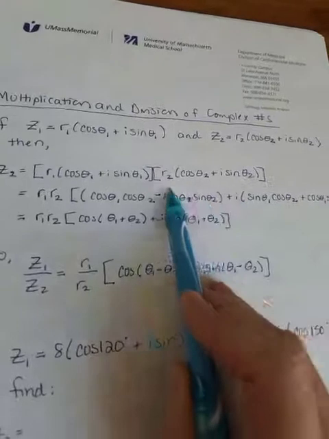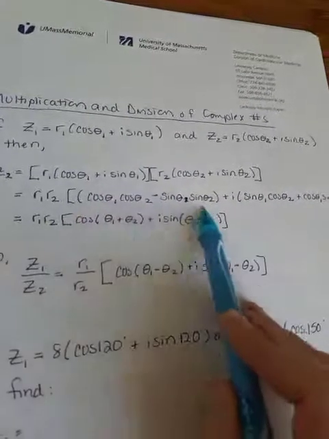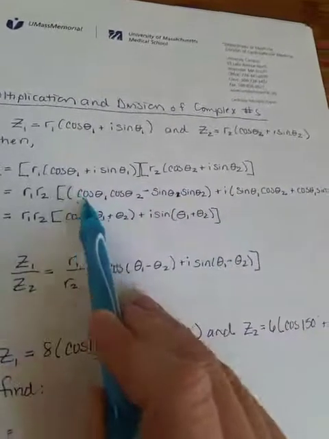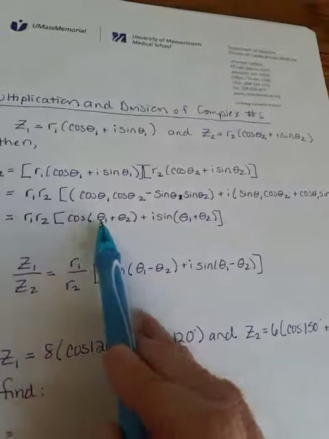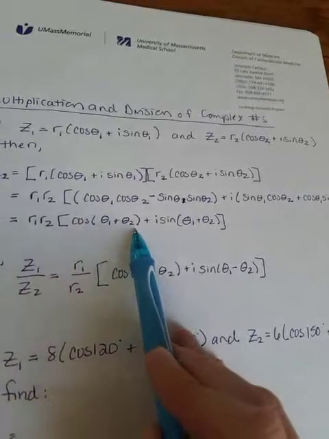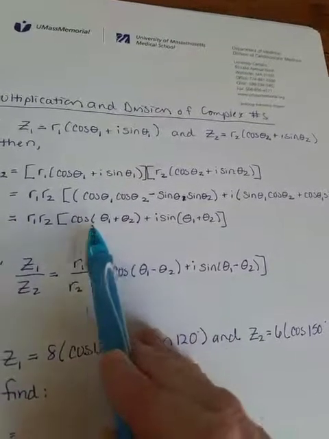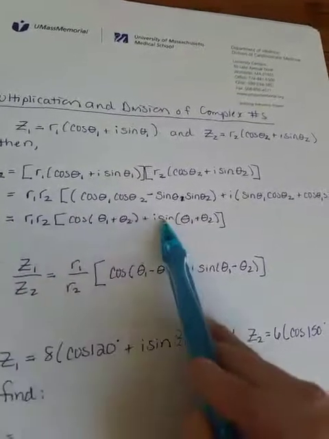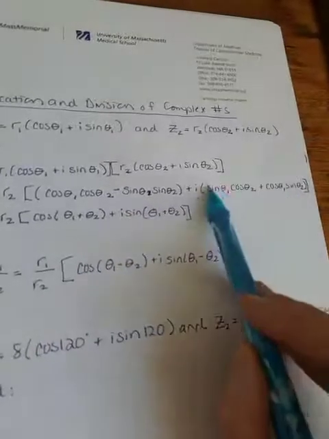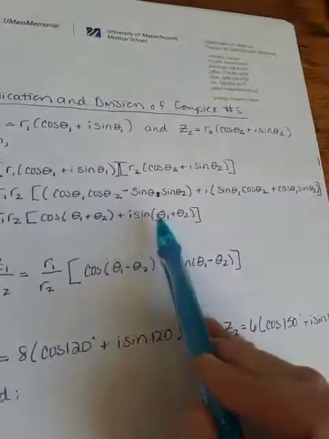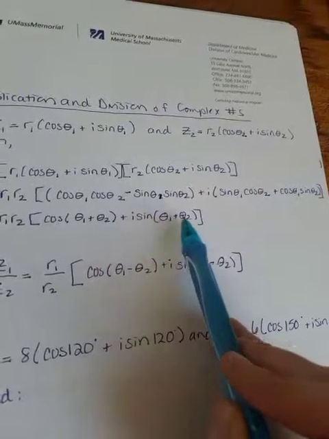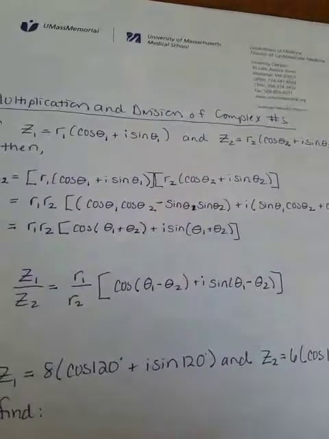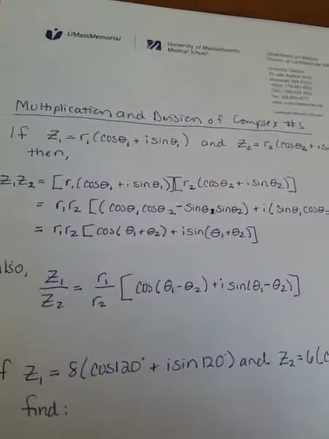So if you looked at this right here, that's really the definition of cosine of theta sub 1 plus theta sub 2, the sum of two angles when I'm taking the cosine of it. And then over here, this is really the definition of i sine of theta sub 1 plus theta sub 2. That's from last unit where we looked at those equations.